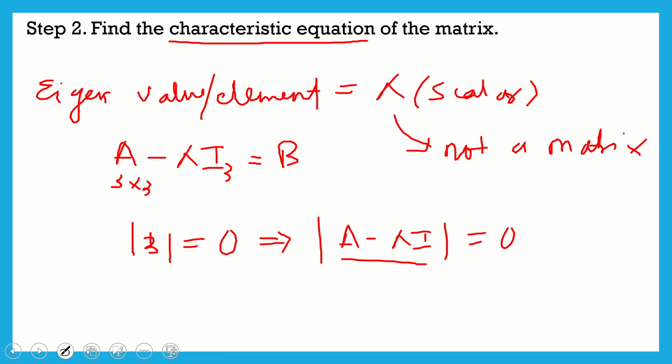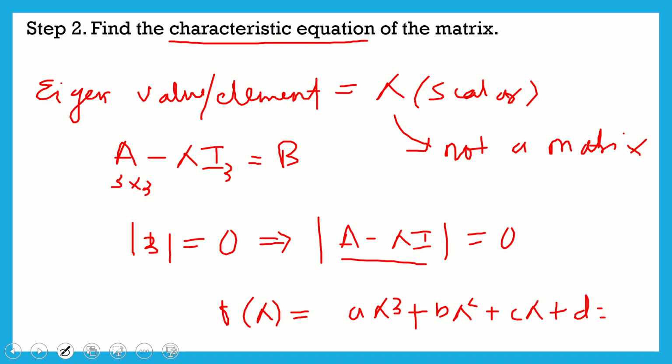First of all you have to make one matrix, then you have to find the determinant and you will get one equation in terms of lambda. It is a 3 by 3 matrix, so it will come like this: a lambda cube minus b lambda square plus c lambda plus d is equal to 0.